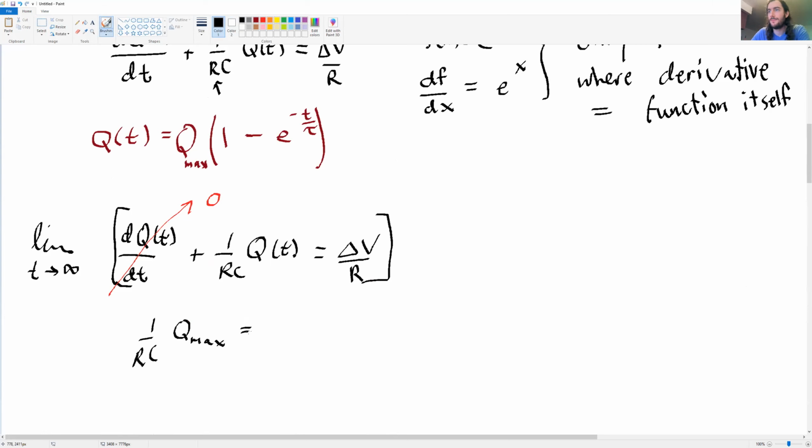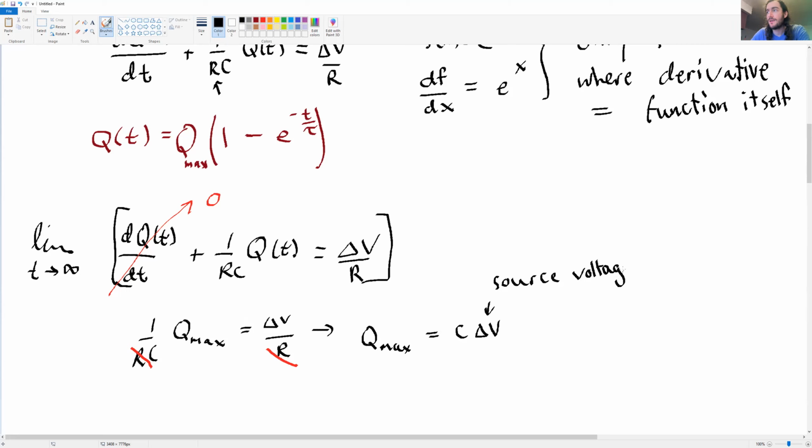That's going to be delta V over R, and what we see is the r's cancel on both sides, and we see that Q max is equal to, in the limit, C times delta V. And delta V here is the source voltage, not the capacitor voltage.